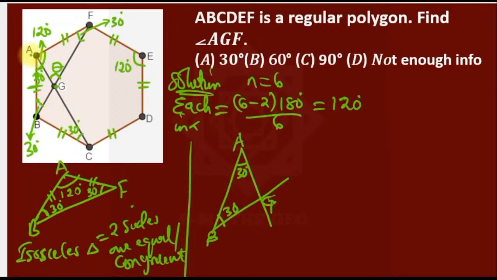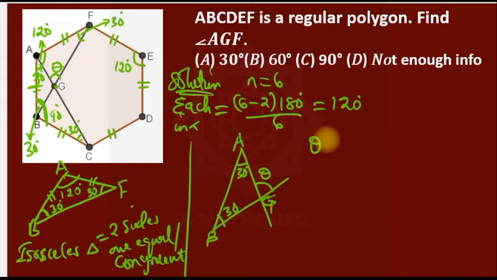This is 120. The total here is 120. So here is 30, here should be 30, so this is 90. I'm saying each interior angle is 120, and since I have gotten that these ones are 30, this is 90. Remember we are looking for this angle, theta.